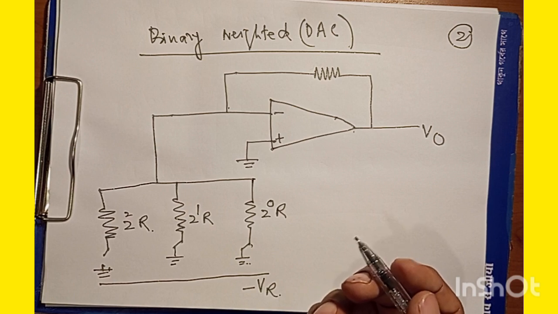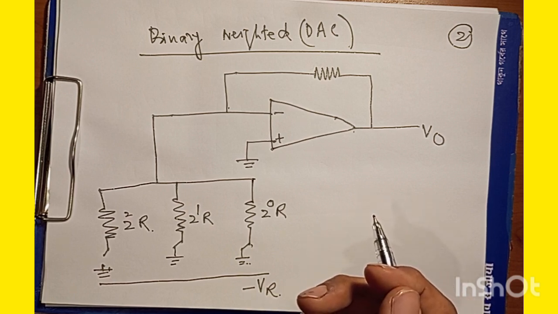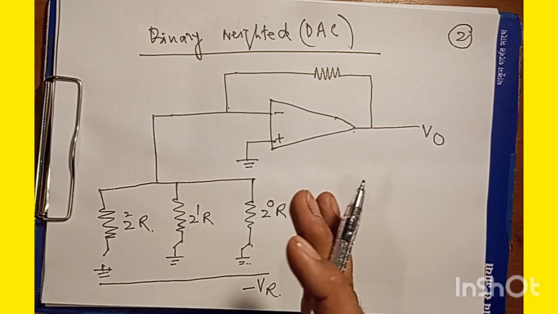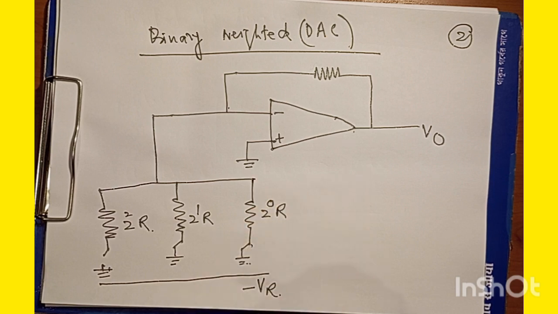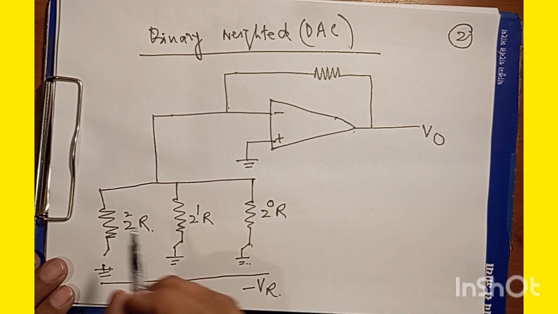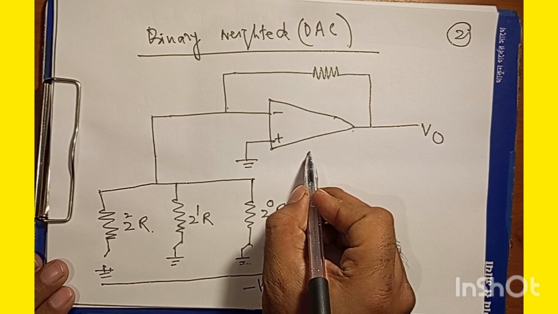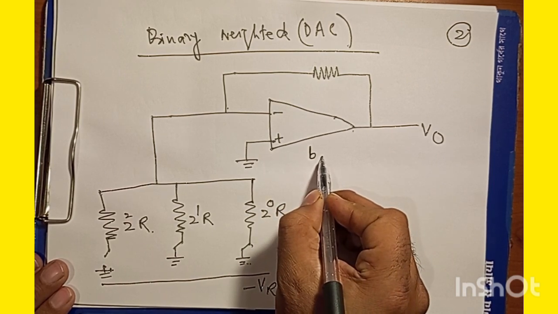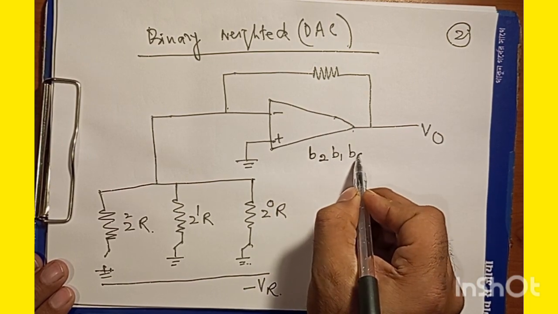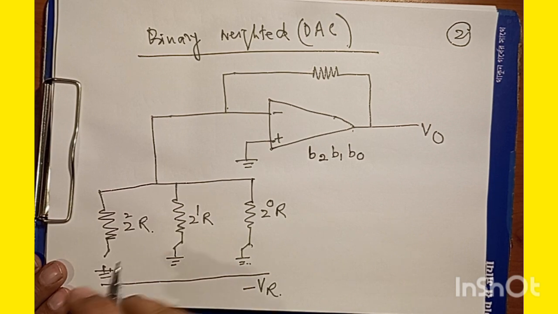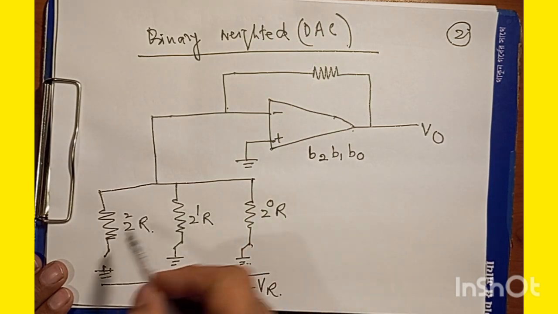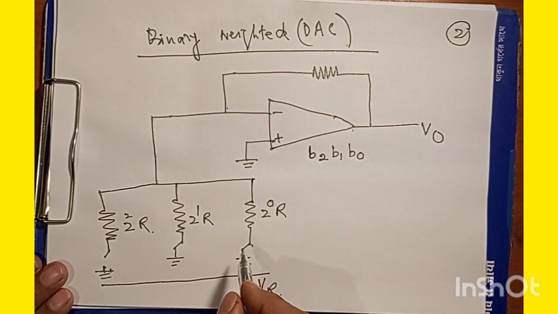Now let us assume this 3-bit binary input in the form of some bits, B2, B1, and B0. So these are the 3 bits that we assume as the input for these three resistors.